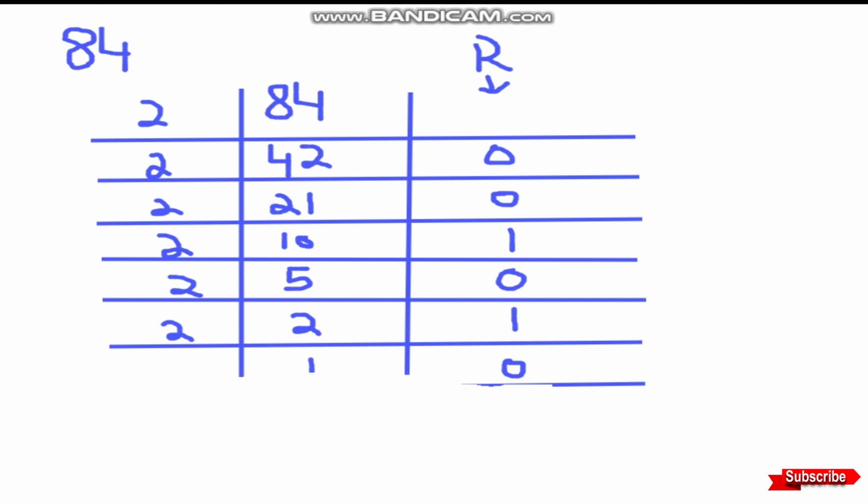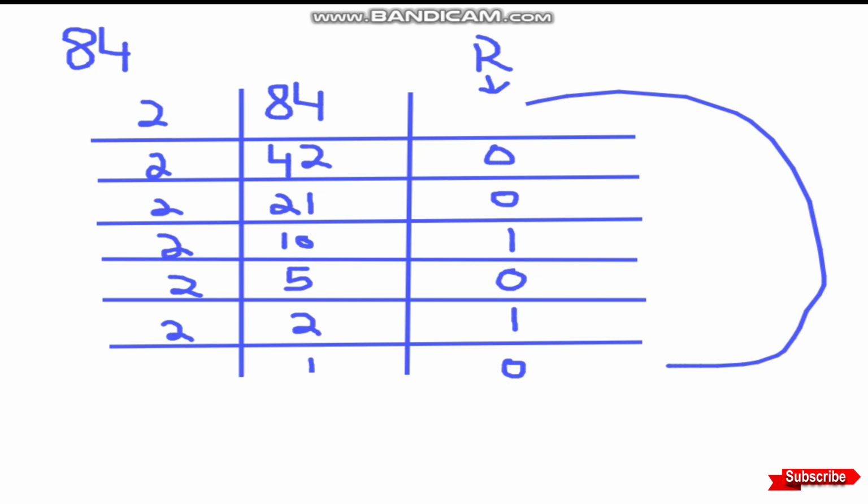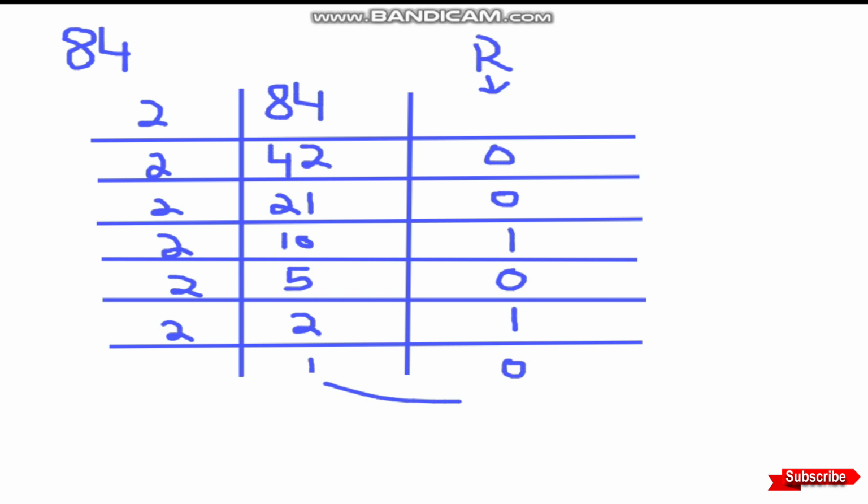Now you can see we have the remainders here. The remainders are in 1 and 0 form, that is like the binary numbers. So this is actually the answer of our question. But how to record it, I'll just show you. We go from bottom to top. This is how we record our answer.